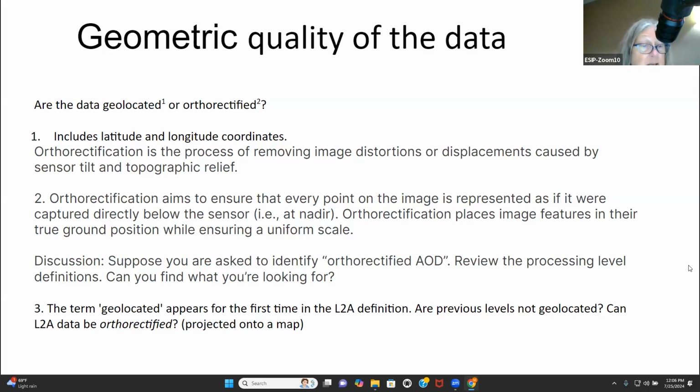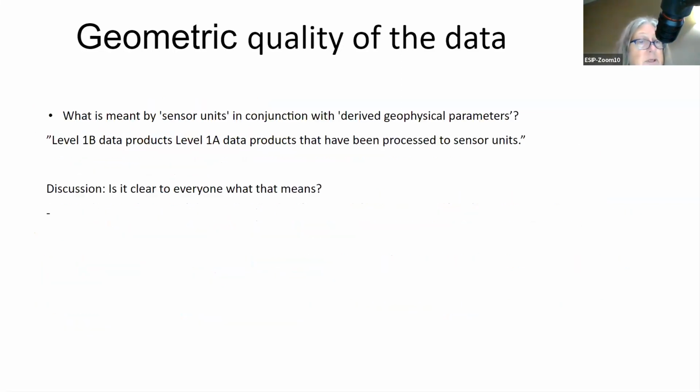And also, can level 2A be orthorectified? Is that something that propels it into level 3 or level 2B or something? Also, he points out that level 1B data products are described as level 1A data products that have been processed to sensor units. And what the heck does that mean? He's wanting to know.